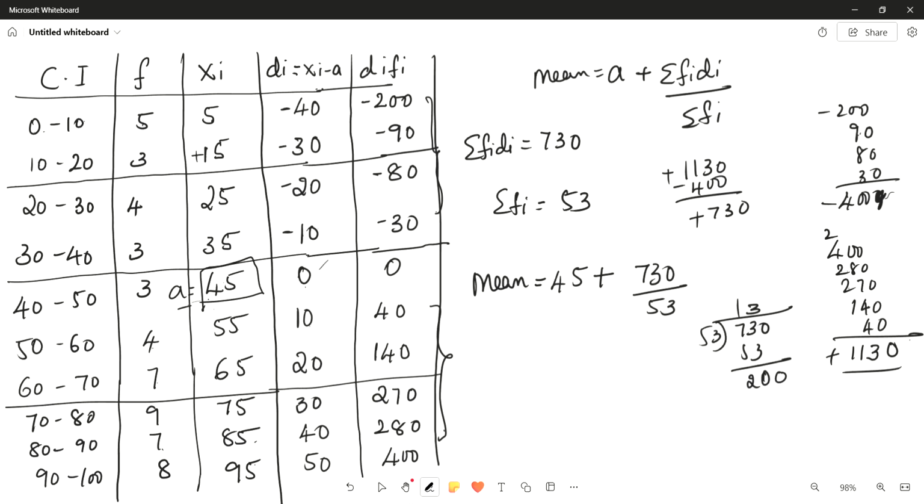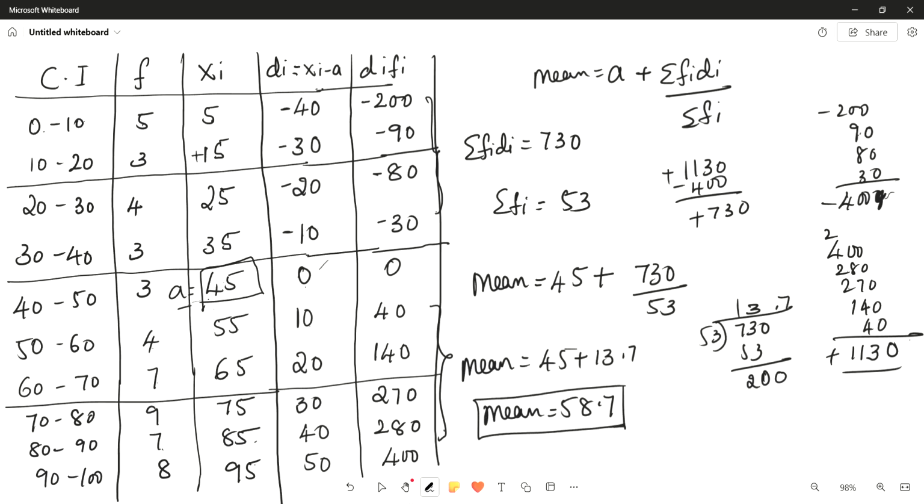So mean is equal to 45 plus 13.7, so mean is equal to 58.7.